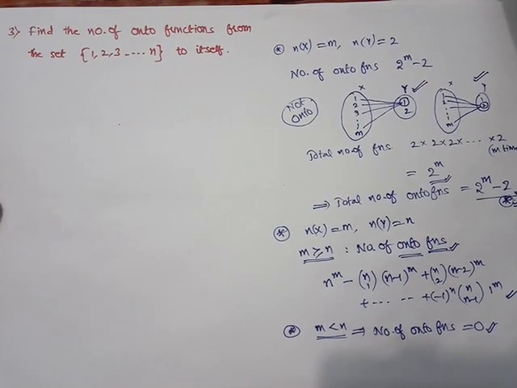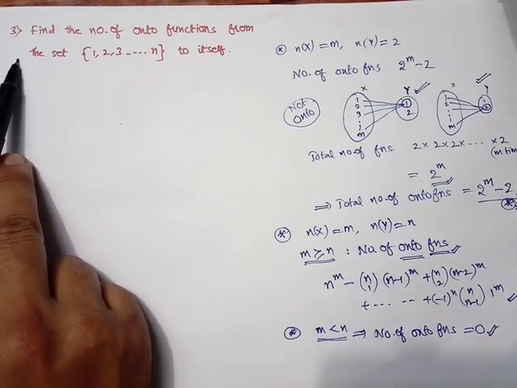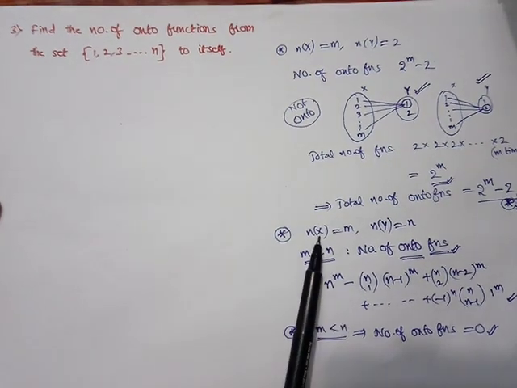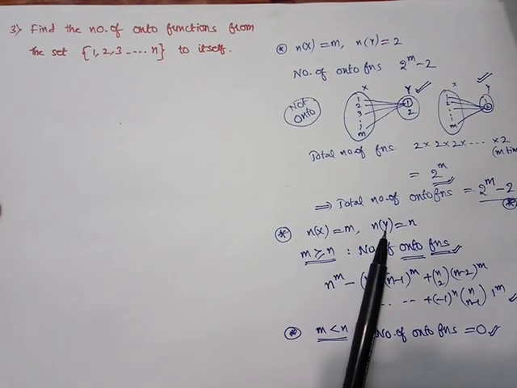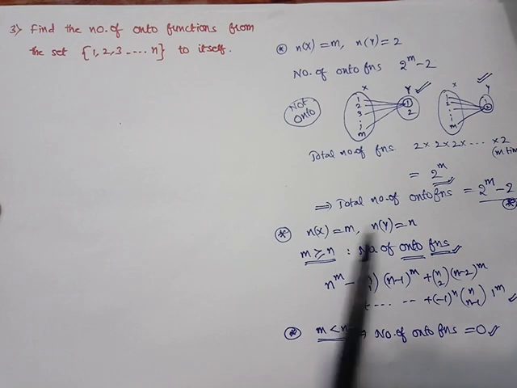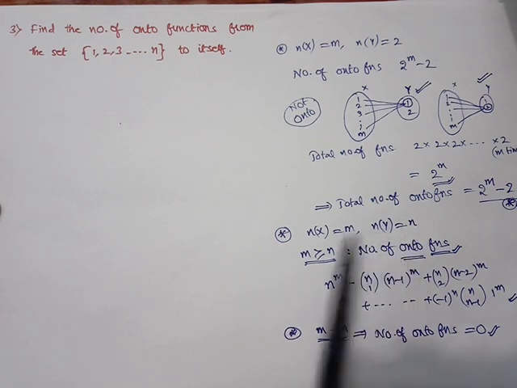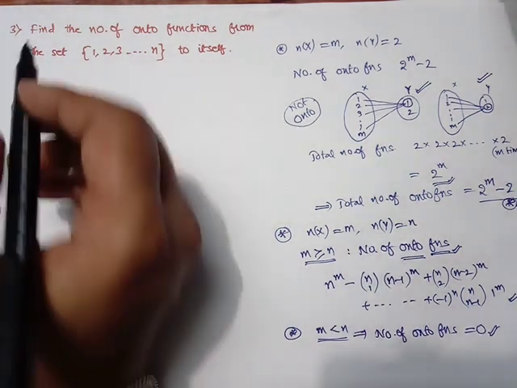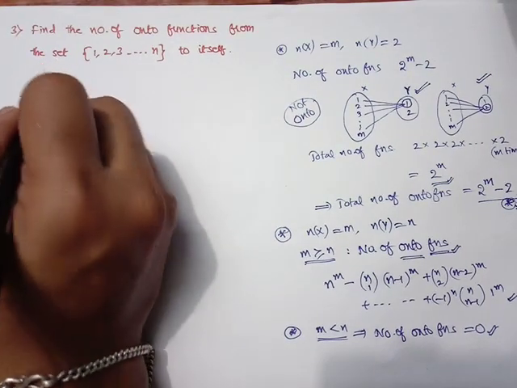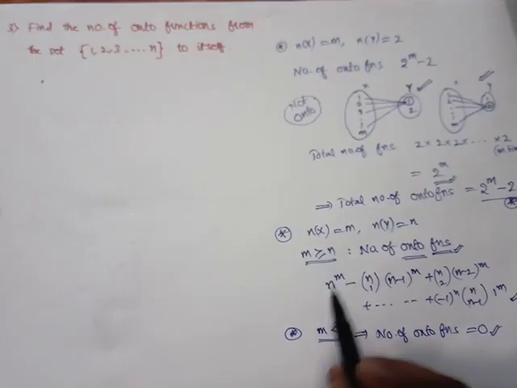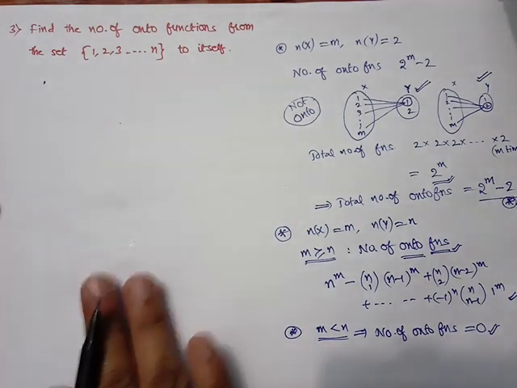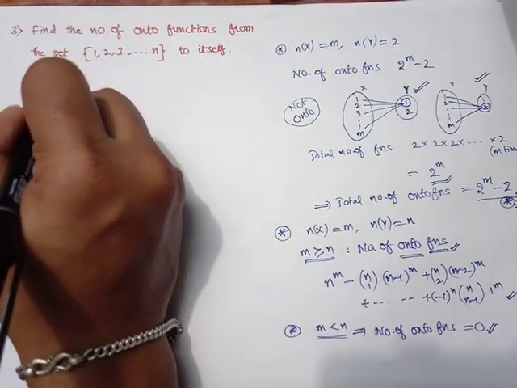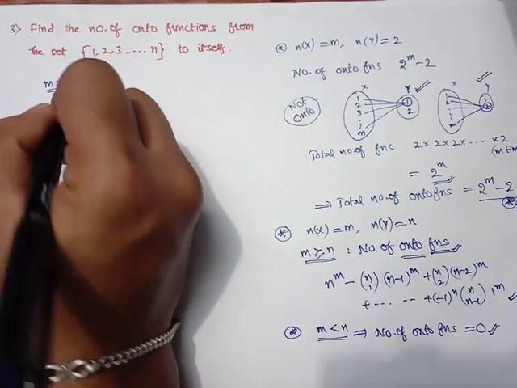And this third question will be related to which one. The number of elements in x is equal to m, the number of elements in y is equal to n. So both m and n are equal to n only. Then it will be taken n power m, so n power m, where m and n both are going to be equal.